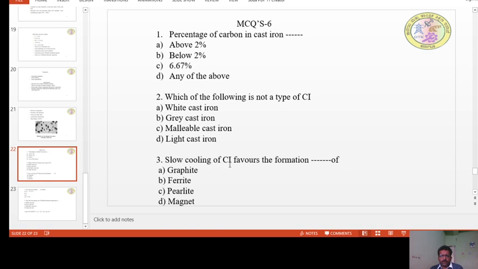The options are graphite, ferrite, pearlite, and magnetite. Magnetite does not come into the picture at all. So the answer is graphite.